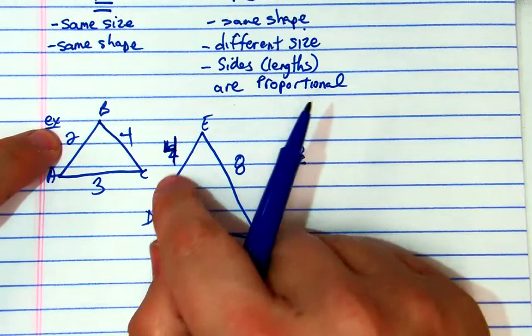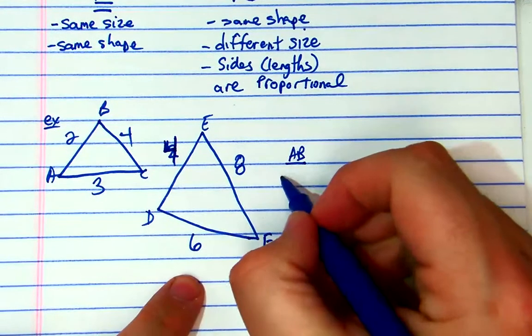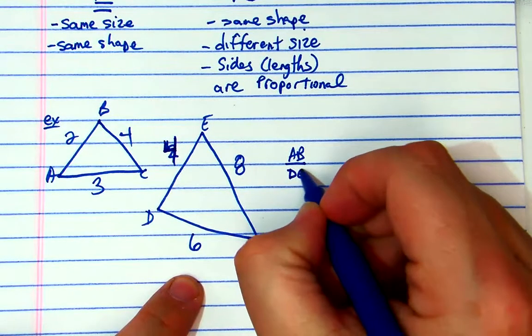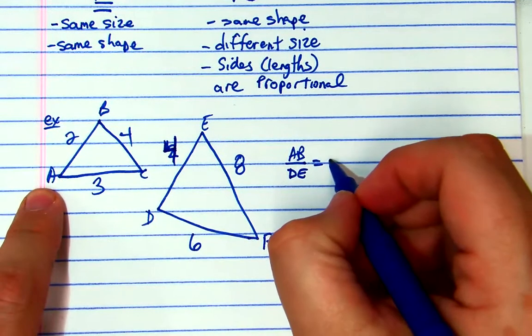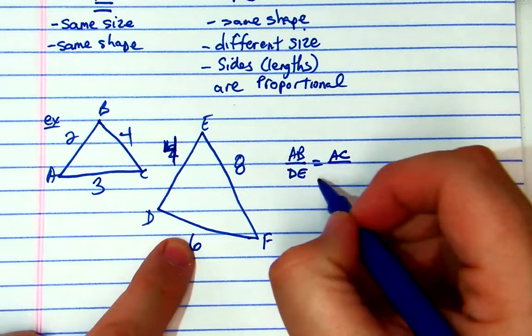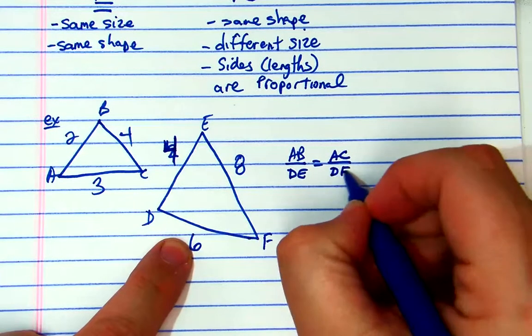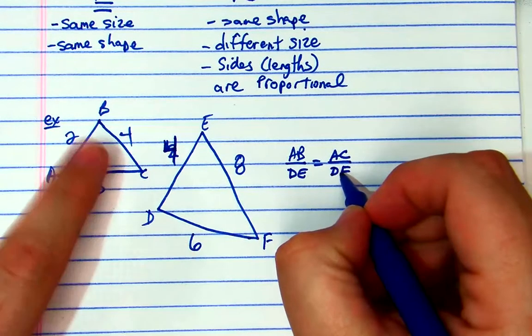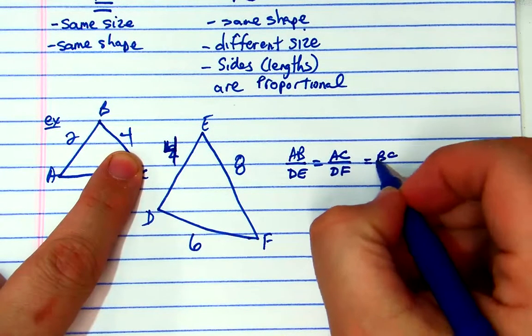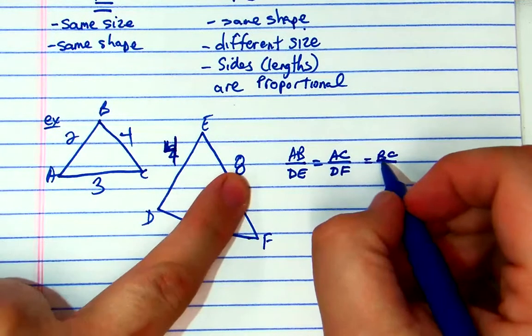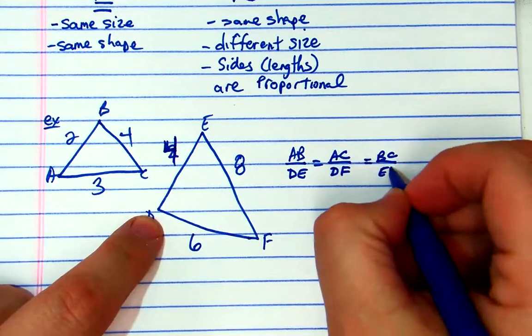Since this is the smallest side and this is the smallest side, DE. Those two lengths are going to have to be equal to the medium sides, AC divided by DF. So those are the medium sides. The largest side here is BC divided by the largest side here, which is EF.